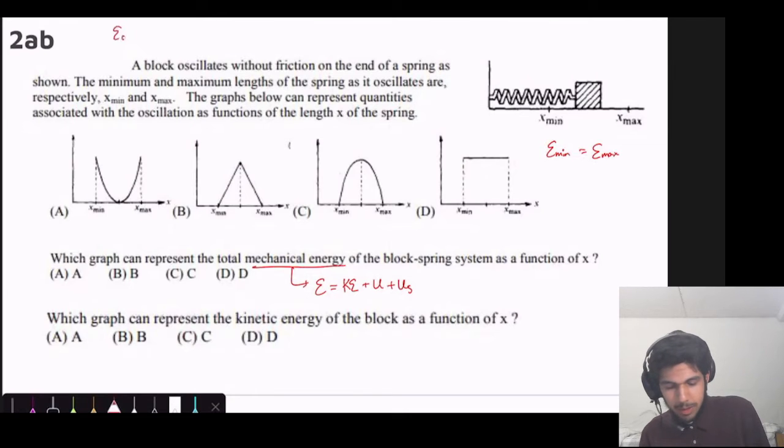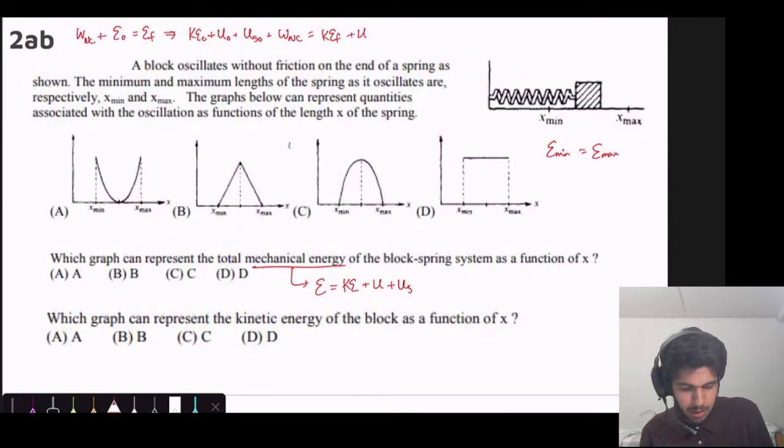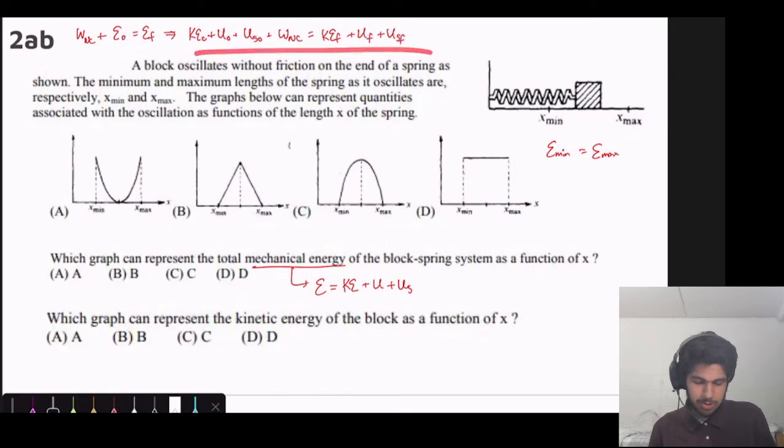So if we think about this here, we get KE initial plus U initial plus U spring initial plus work non-conservative is equal to KE final. I guess I should add this work non-conservative plus there. Right, so that's our conservation of energy equation.